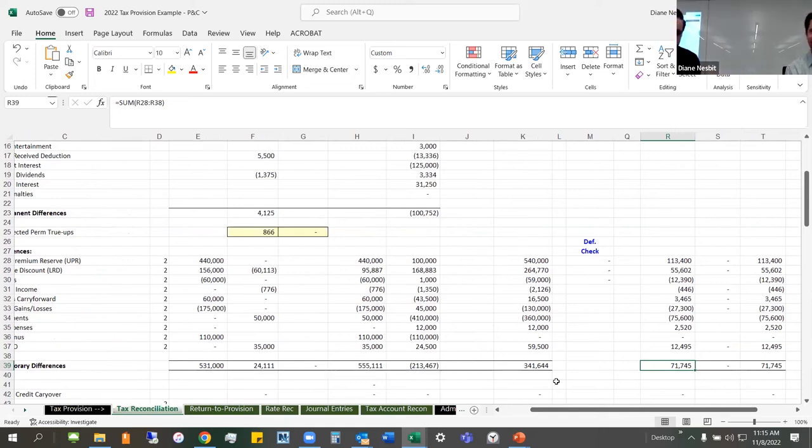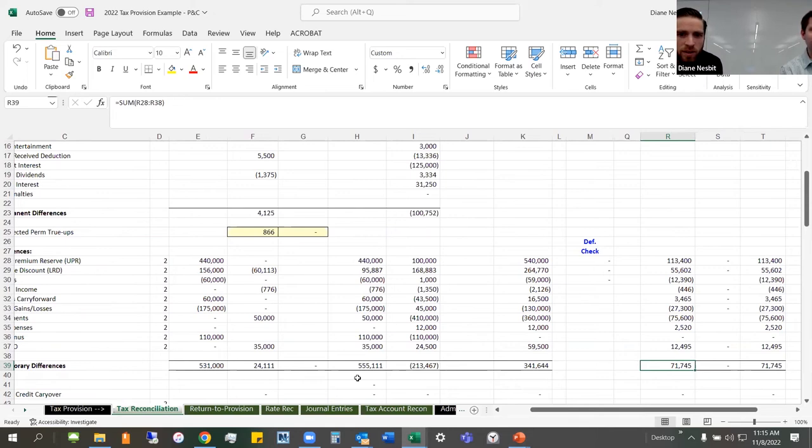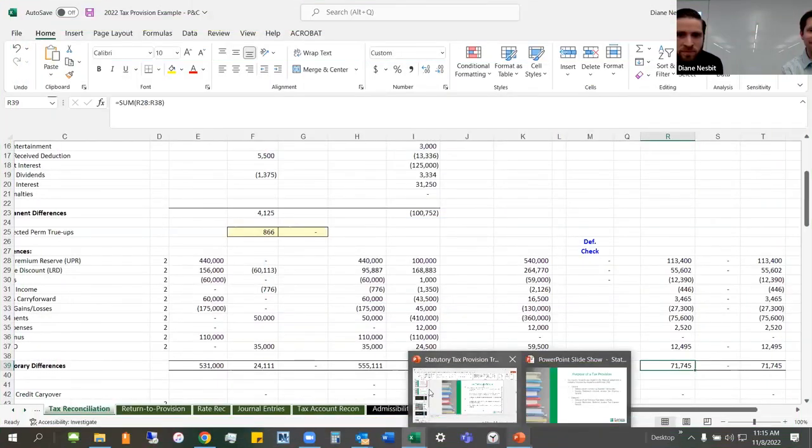Okay, that's step 3, kind of. Before you record it in the financial statements, you do have to walk through what amount of it can be admitted. We put in the slides SAP 101 that deals with that.